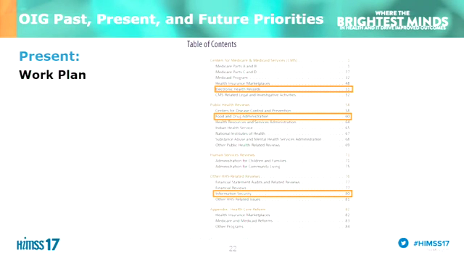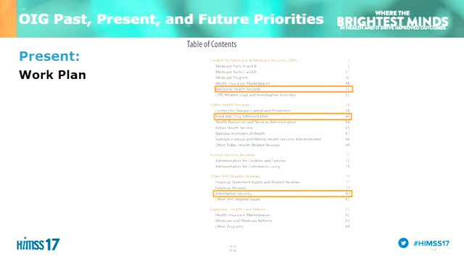So moving on to the work plan, this table of contents, as you can see, is a little more helpful in terms of identifying relevant areas to look at from the health IT perspective. For example, under the Centers for Medicare and Medicaid Services heading, we have an entire section focused on electronic health records. And under the other HHS reviews, we have an entire section focused on information security.